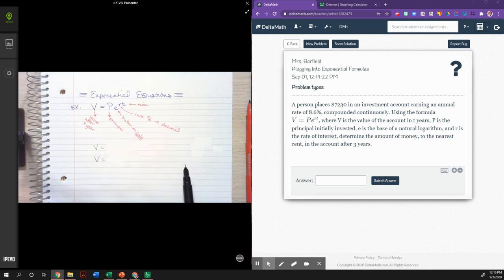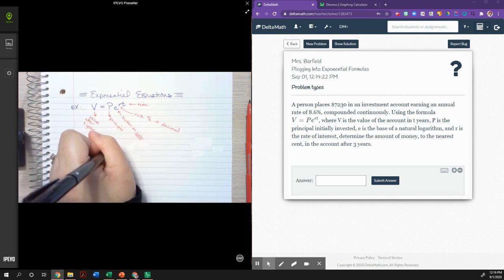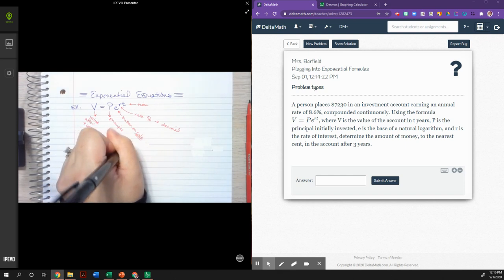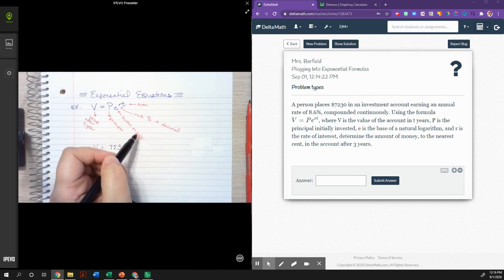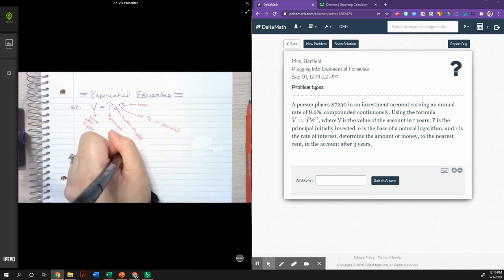Okay, so you can kind of see as I was reading it, I was showing you where I'm going to plug things in and what they are. A person places $7,230 in an account. So that's their principal. e, that's a button on your calculator, or in Desmos, you just type it in.